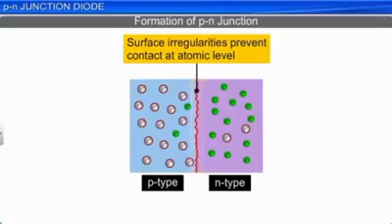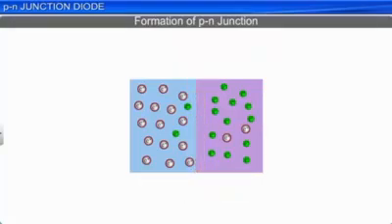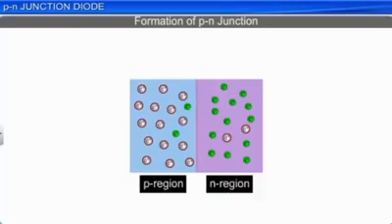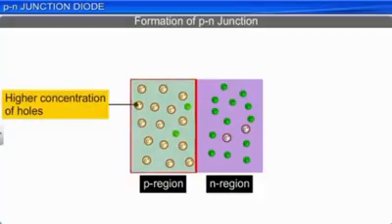Now, let us again look at the semiconductor crystal that contains both the p and n regions separated by the p-n junction. We know that in the p region, there is a higher concentration of holes, and in the n region, there is only a smaller concentration of holes.